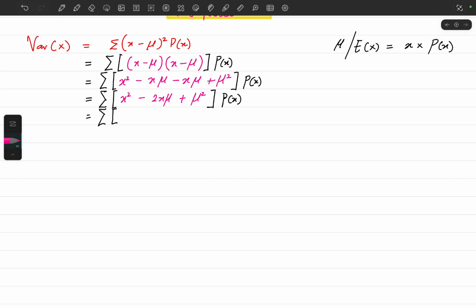And of course we will get the x squared multiplied by the probability distribution, then minus 2x the mu, and we're doing that together with the probability distribution of x, then plus the mu square, and we're doing that with the probability distribution of x. So we're going to close the bracket, and then from here we can group the sum.